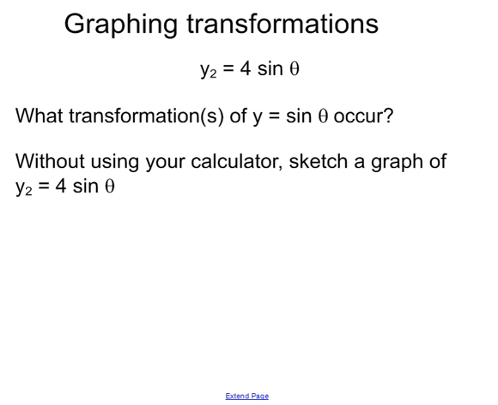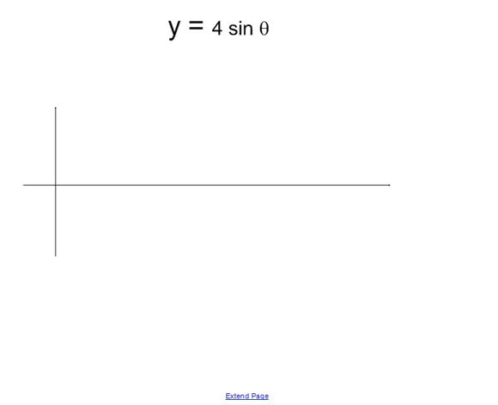When I transform it, this 4 in front of the function does what to the graph? Hopefully we remember from all our other rules that it's just a vertical stretch of 4. So now you take that graph. If I want to graph it, I can just draw in this sine curve here.